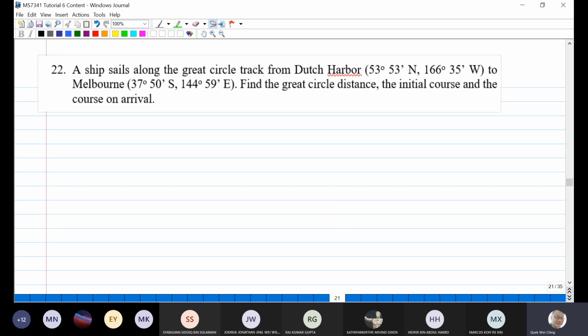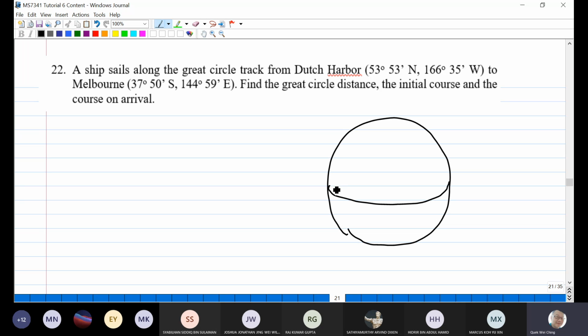So I have a planet Earth first, and this is the equator, and this is the North Pole.